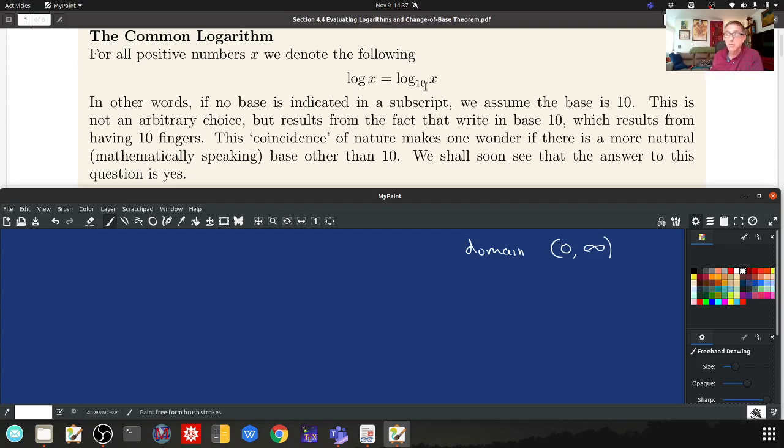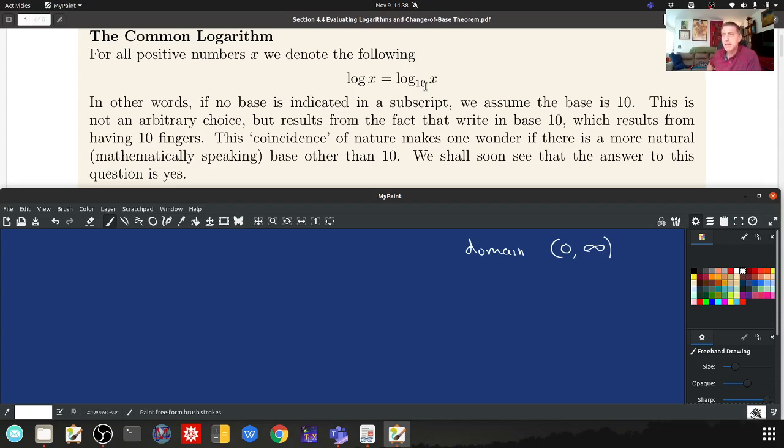numbers. And why do we use base 10 numbers? Probably because we have 10 fingers. It's a coincidence of nature why we favor base 10. Of course, the natural log, the log to the base e, is mathematically much more beautiful and is used quite a bit more in mathematics than log to the base 10, except perhaps in science, like astronomy and other areas of science where they're investigating natural phenomena.